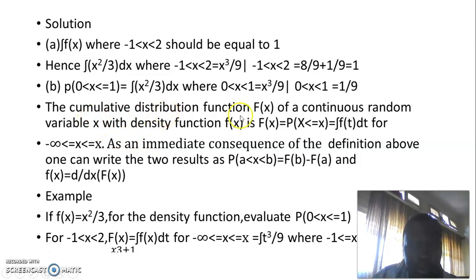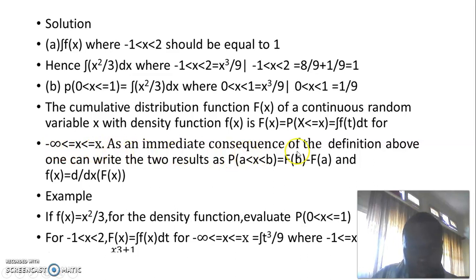The cumulative distribution function, capital F of x, of a continuous random variable x with density function f of x is F of x equal to the probability that capital X is less than or equal to small x, which is given by the integral of f of t dt for t between negative infinity and x.